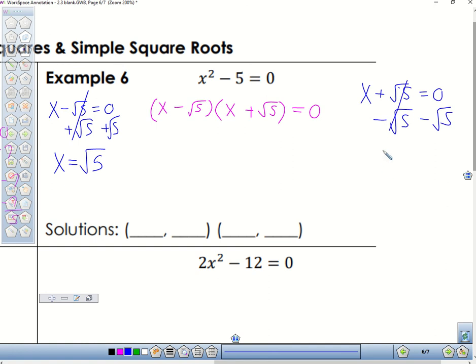If you put square root of 5 in your calculator, you'll get a decimal. That's fine if you're going to graph this, you can use the decimal. But when you're writing solutions, you're going to leave it as a square root, because the decimal approximation is not going to be exact. So if you end up with a square root, you just leave it as a square root, unless otherwise stated. It might say to round to the nearest hundredth or something like that. That's when you would actually round it.